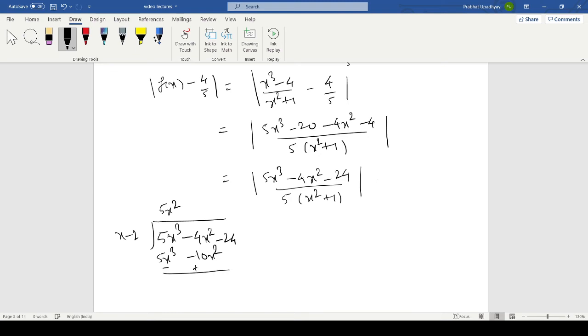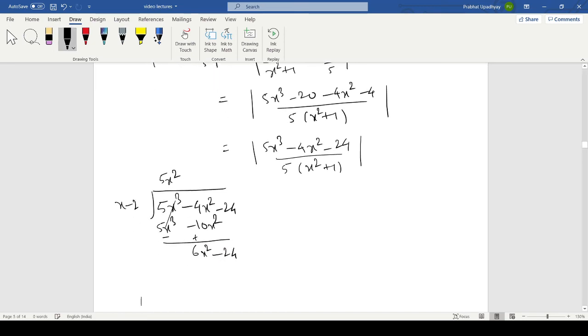This minus, this plus, so this will get cancelled and you will have minus 4x square plus 10x square, which is 6x square minus 24 as it is. Then this you should choose as 6x. So if you multiply 6x by x minus 2, you will have 6x square minus 12x.